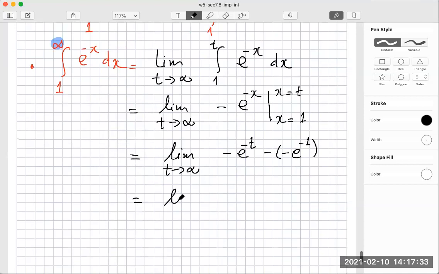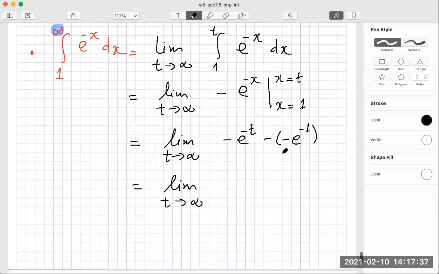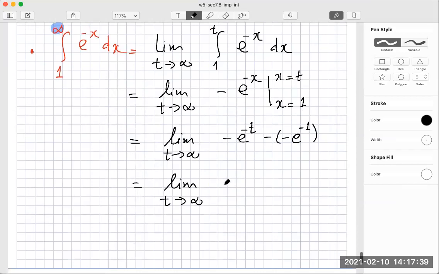Or it is the limit as t approaches infinity of 1 over e to the t, and here, negative of negative will be positive, 1 over e. Very good.